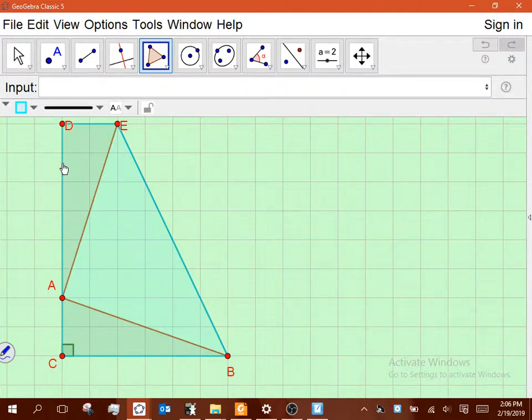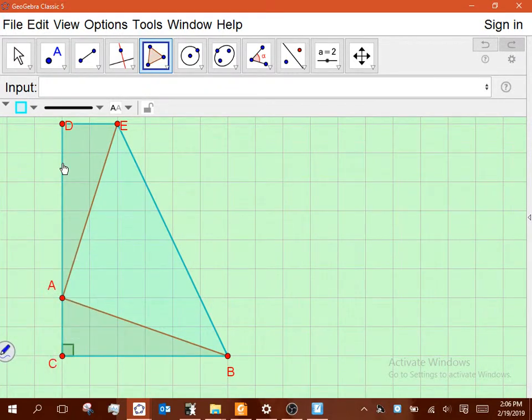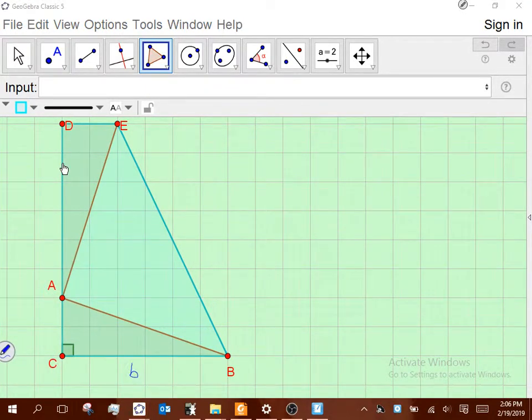All right, so let's identify some parts here. Because of the letters I've used, this would be A. Across from angle A would be lowercase a.